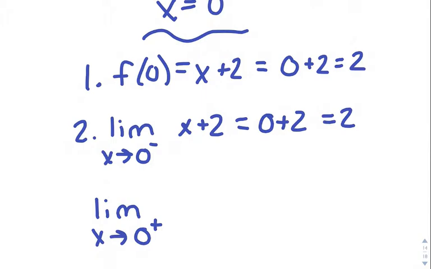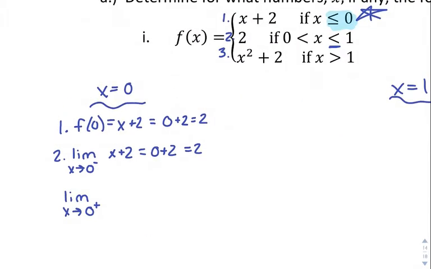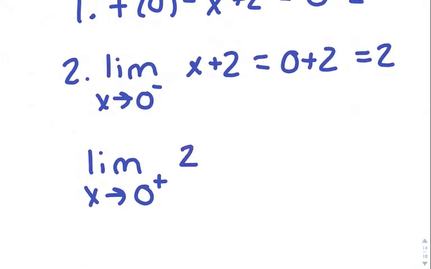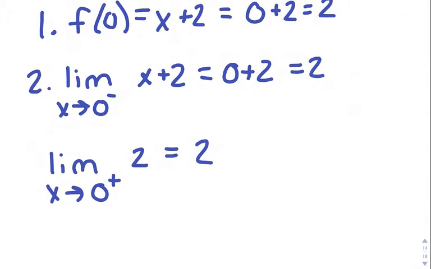To find the limit as x approaches 0 from the right-hand side, so I'm looking at values greater than 0 that lead to 0. So that one would be this second equation, which is just 2. So the limit of 2, well, that's a constant term, so it would just be 2. If you're looking here, I see the left side and the right side are both equal to 2.